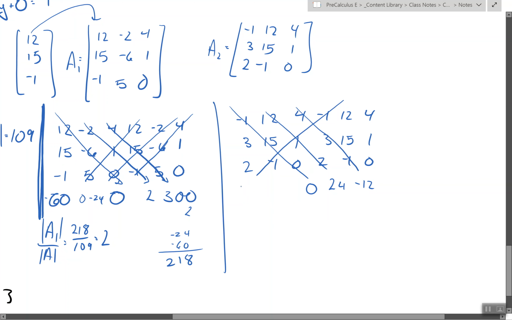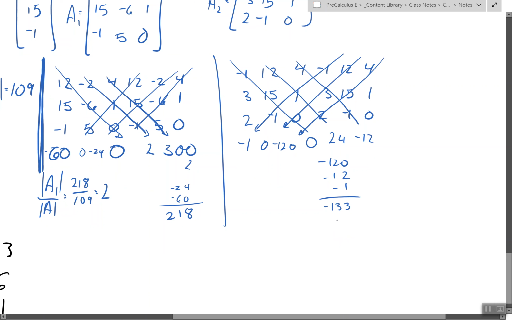Positive 1, so that becomes negative since we're doing this as subtraction. 12, 3, and 0 is 0, and 30 times 4 is 120, and that becomes negative, so negative 120. So we have negative 120, negative 12, and negative 1, so that's negative 133 plus 24, so that should be negative 109.